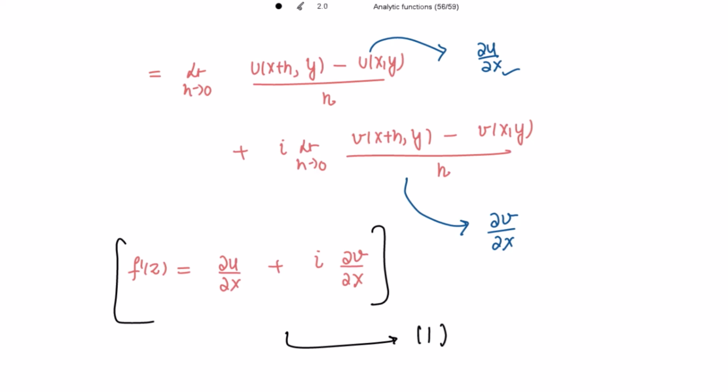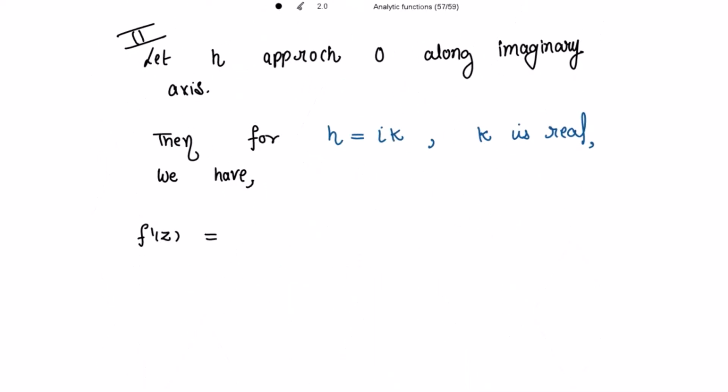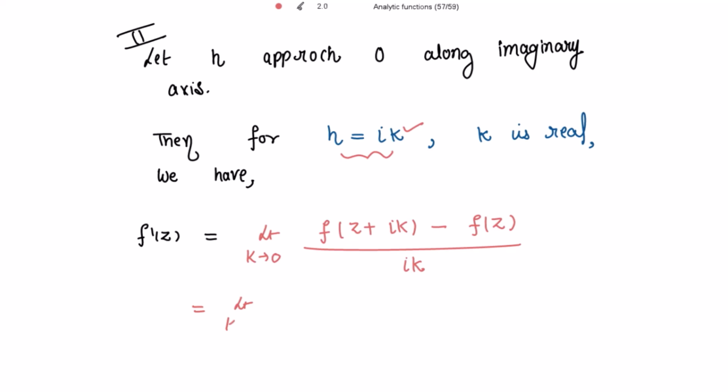And now we are going to take h tending to 0 along the imaginary axis. So let h approach 0 along the imaginary axis. Then for h = ik, where k is real, we have f'(z) equal to the limit as k tends to 0 of [f(z+ik) - f(z)]/(ik).